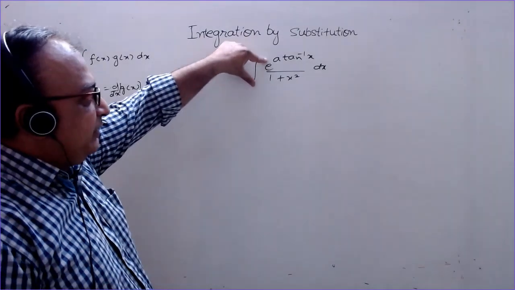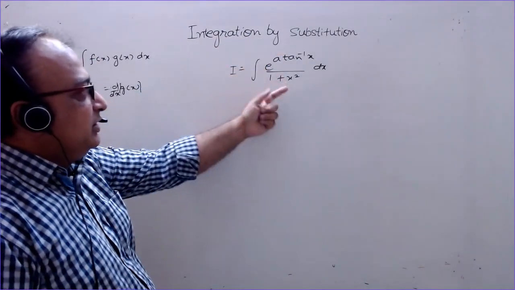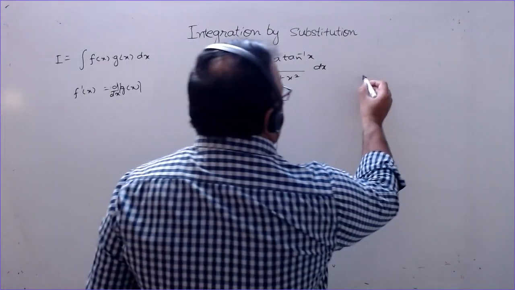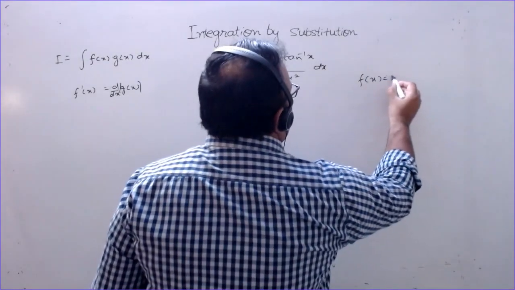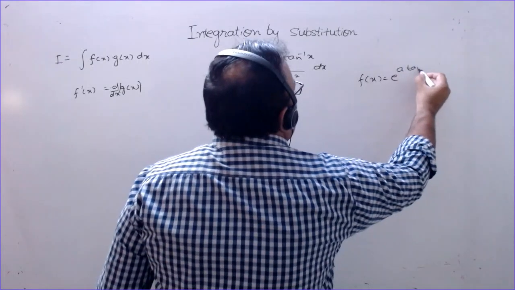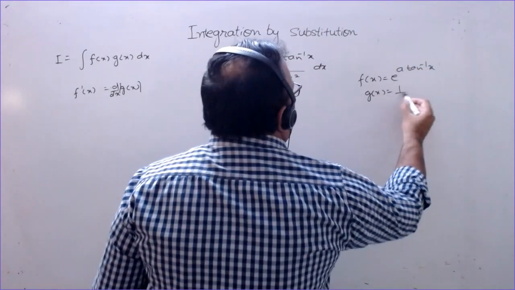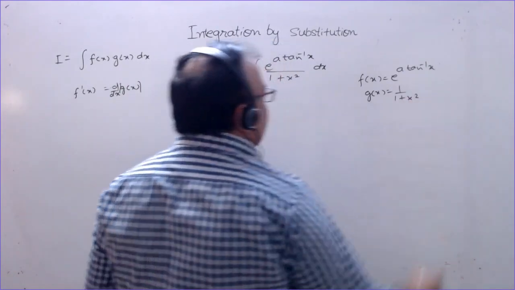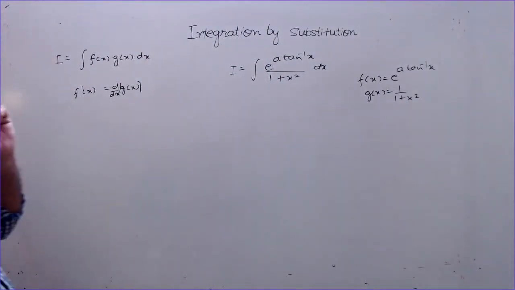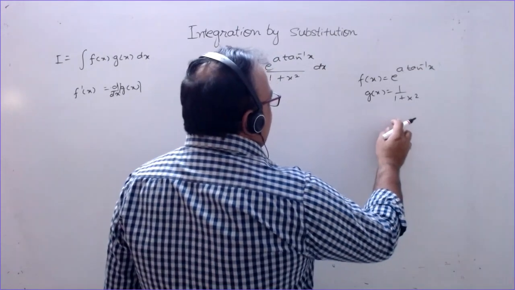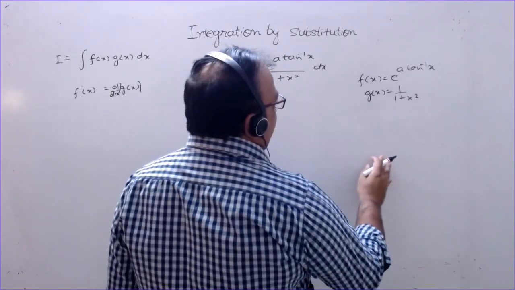This is f, exponential a tan inverse x, and 1 upon 1 plus x square is the second function, g(x). The tan inverse x function has derivative 1 over 1 plus x square. So this thing you have to keep in your mind.